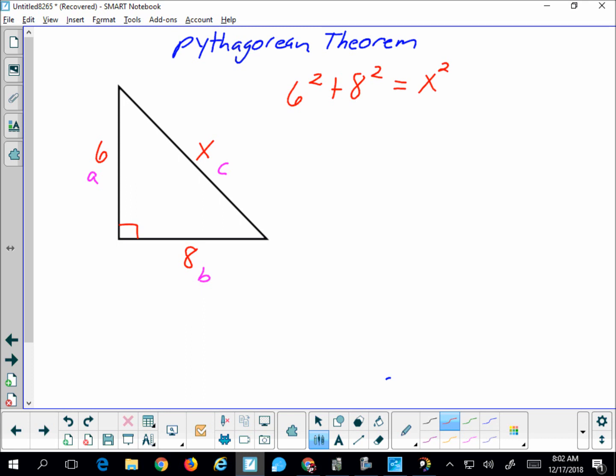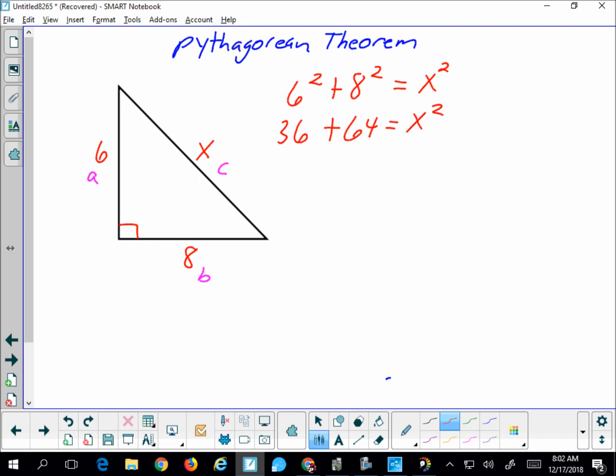Once we get our equation written, our numbers filled in, what do we do first? We go ahead and square everything that we can. So 6 squared is 36. 8 squared is 64. We can't really square the x yet because we don't have an actual number there, so we just bring down our x squared.